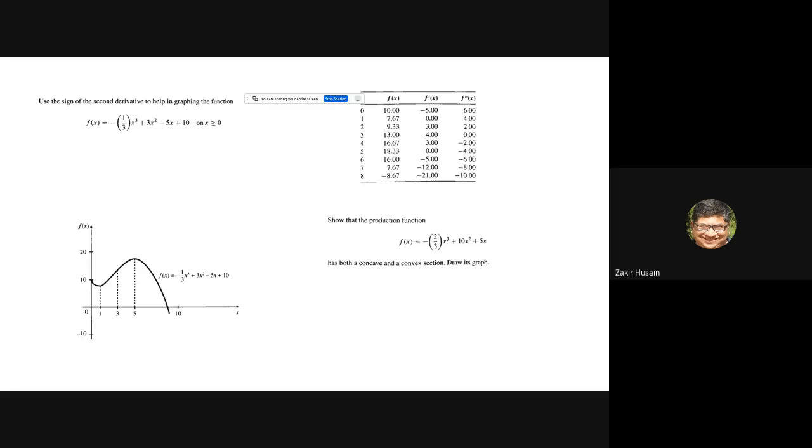Okay, if you write this first derivative, can you simplify this?